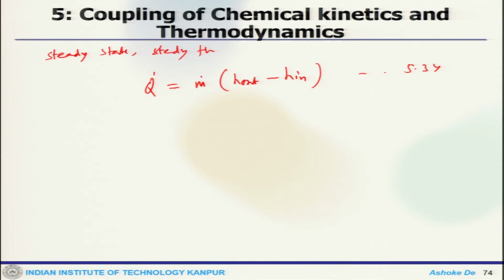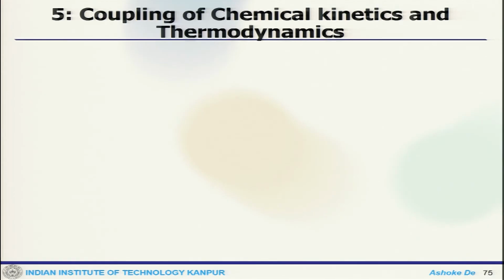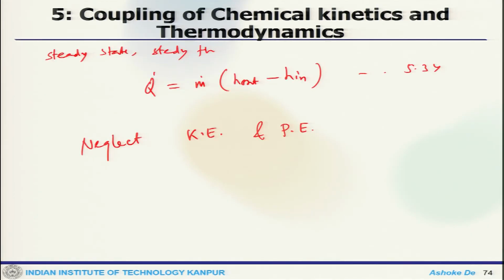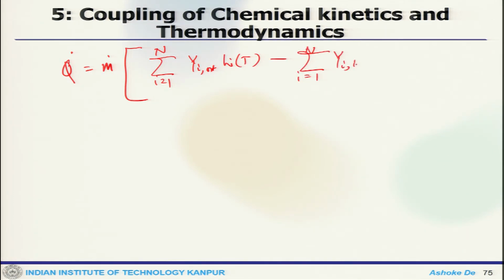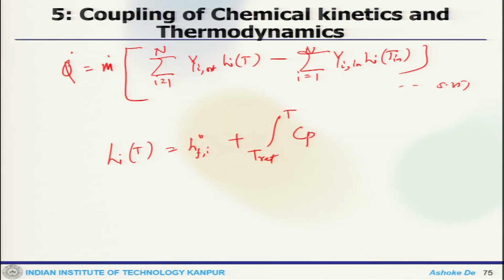Now, in terms of individual species, this equation 5.34 becomes q dot equals m dot times [summation i equals 1 to n of out h_i(T) minus summation i equals 1 to n of h_i at T inlet], where h_i(T) is the enthalpy of formation plus the integral of c_pi dT.